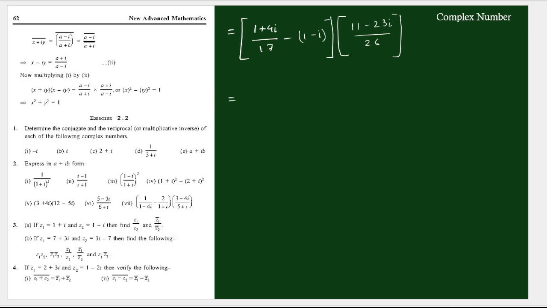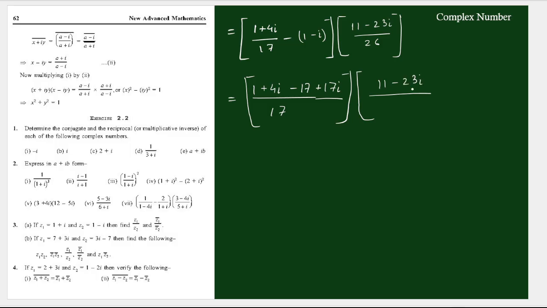Okay, now what we will do, we'll take the LCM of this one. If we take 17, then 1 plus 4i minus 1 into 17, 17, minus minus plus 17i. So 11 minus 23i by 26.